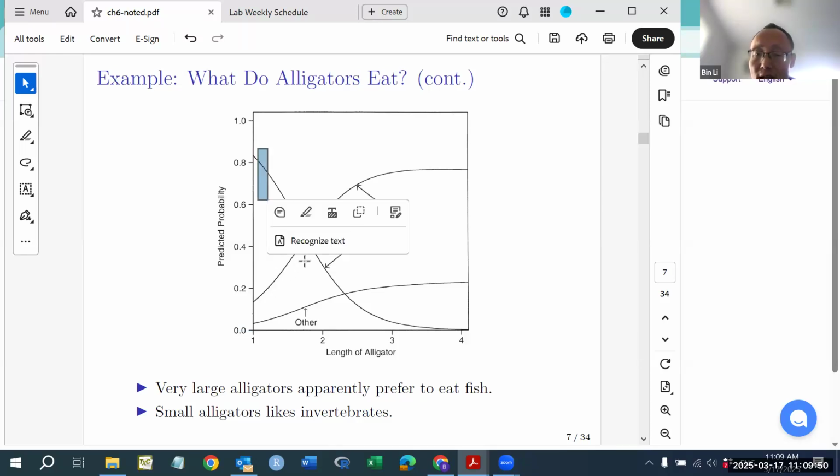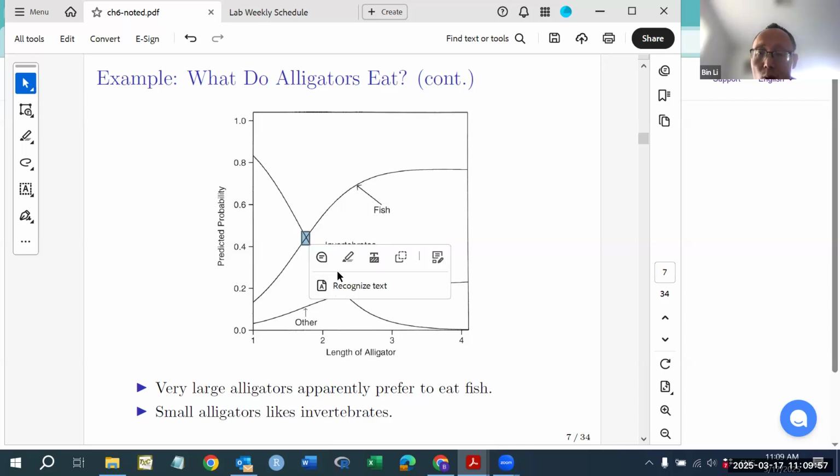Then the fish goes up when the size increases. And like here, close to 1.8, that's the point where they have some equal chance of choosing the invertebrate and the fish. But when they grow larger and larger, fish becomes dominant. For the others, it is increasing, but compared to the fish and invertebrate, it never becomes a dominant class.